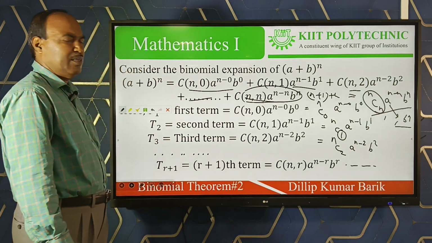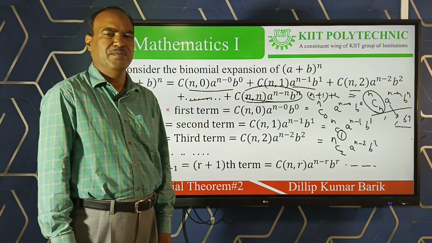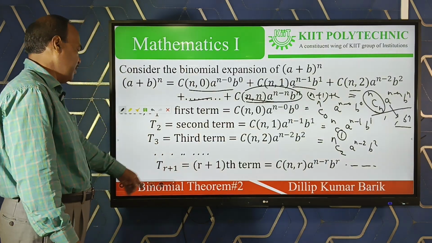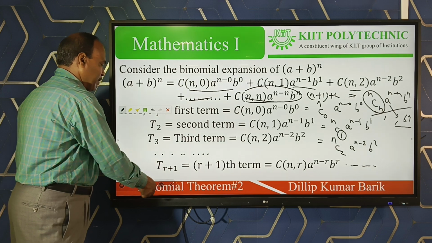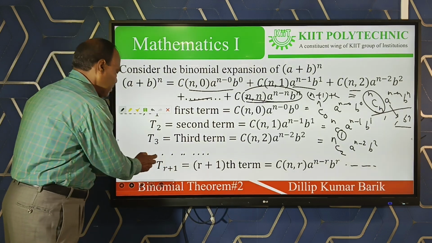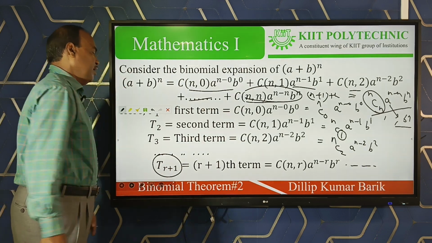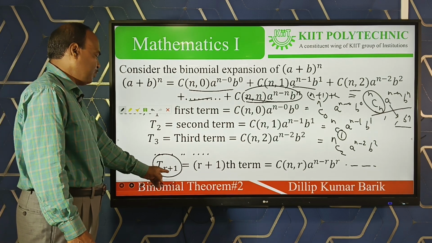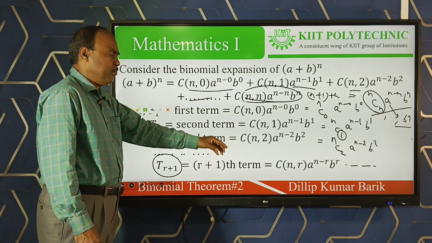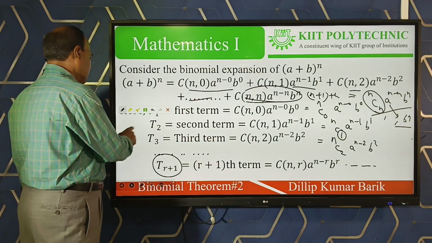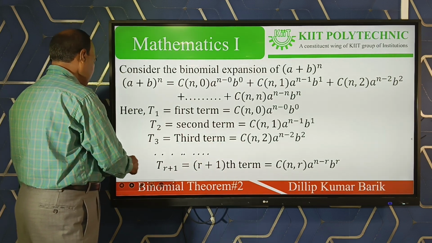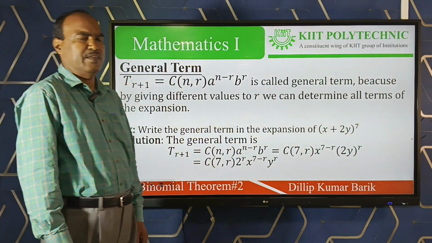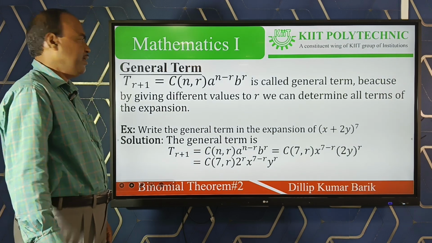Continuing in this manner, we can find any term by applying different values to r. I write here T(r+1), any term, taking r different values, we can find the different terms of a binomial expansion. This is now the general term. How do we get the general term?